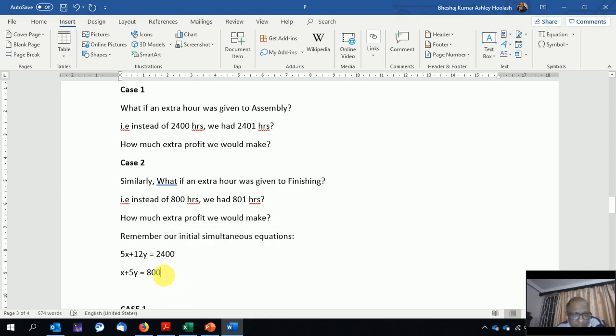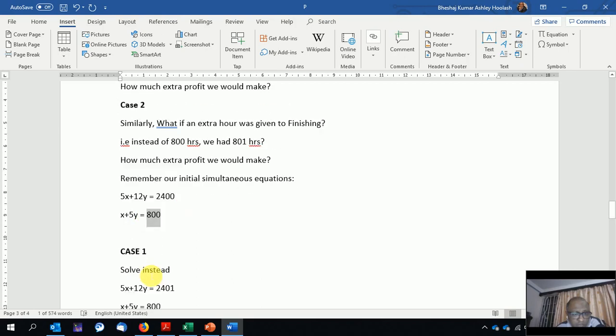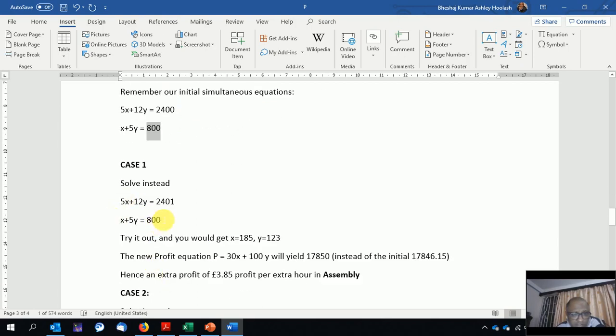Similarly, whatever I just said is case 1. Case 2 it would be, what if I was given 1 extra hour in the finishing? By keeping this one constant, how much more profit I would have made? So what I can do is just a simultaneous equation.